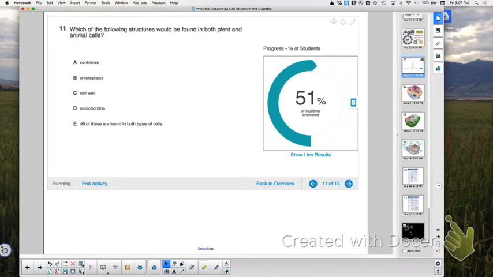Number 11. And number 12. And number 13. Now I'm going to click slowly back through them. Double check your choices, see if there's any you need to change.